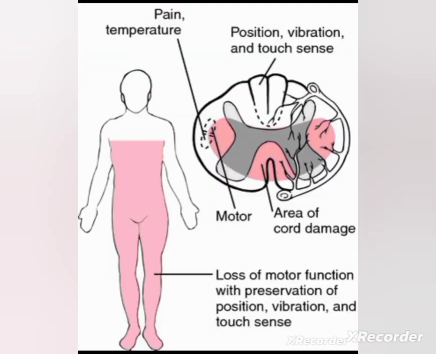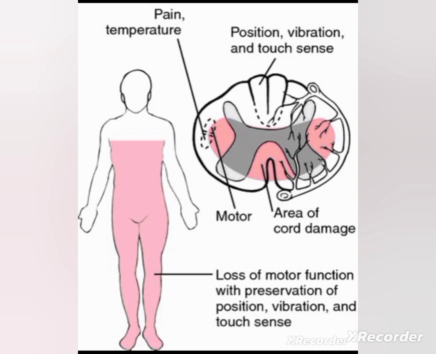Anterior cord syndrome is caused by damage to the anterior spinal artery, resulting in compromised blood flow to the anterior spinal cord. It typically results from injury causing acute compression of the anterior portion of the spinal cord, or flexion injury.